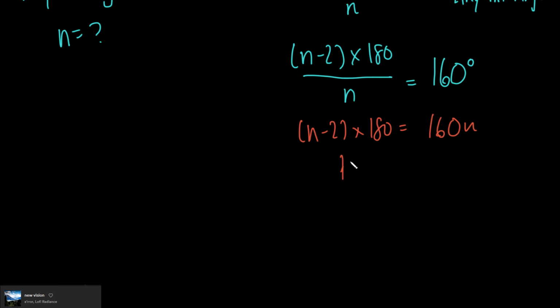So I'm going to have 180 equals 160n divided by n minus 2. And now I have to isolate this n.